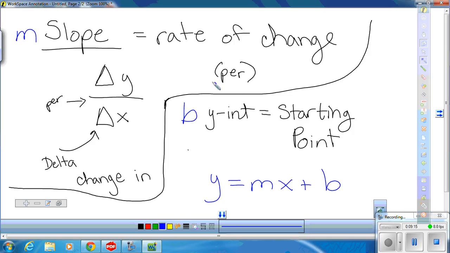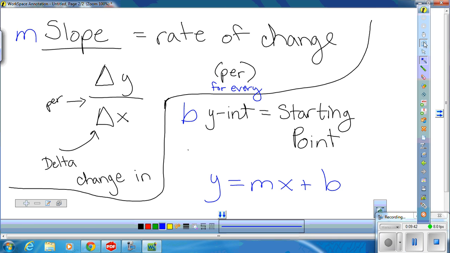So per, for every, those are things you will see in word problems when they're talking about a rate. If I'm making $10 for every basket that I make, I'm making $10 per basket. If you can reword the problem so that it has per there, whatever the per is, is the slope. Where you're starting, that's always going to be your y-intercept.